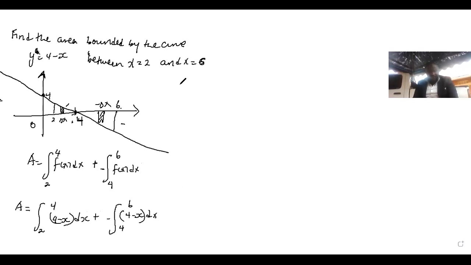Now, because this is a line, when you integrate, you attain 4x minus x squared from 2 up to 4, then minus 4x minus x squared from 4 up to 6.